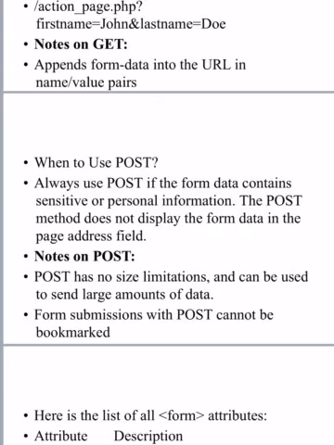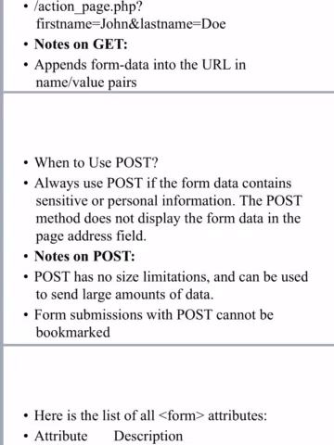Now, when to use post? Always use post for form data if it contains sensitive or personal information. So why are we using post? Because get will not hide the data. Only post will hide the data.